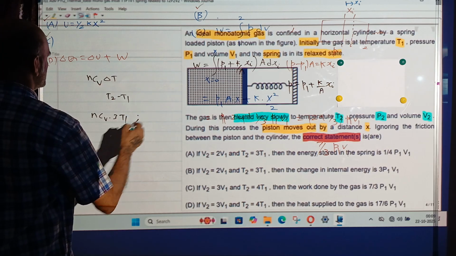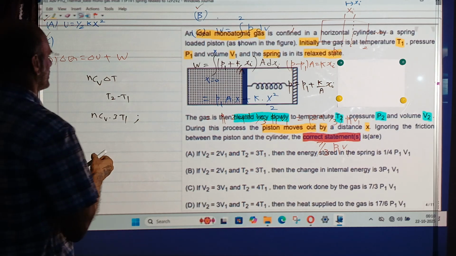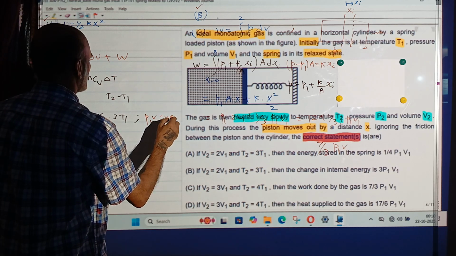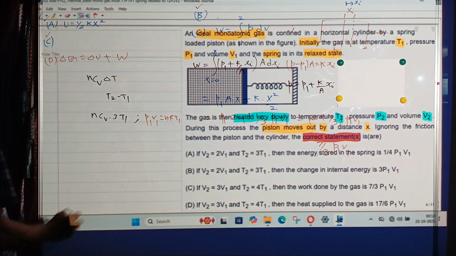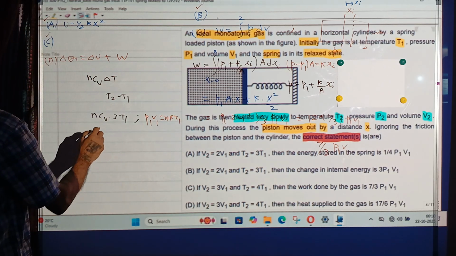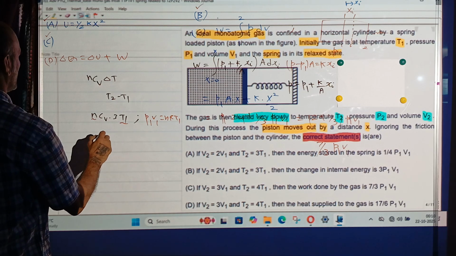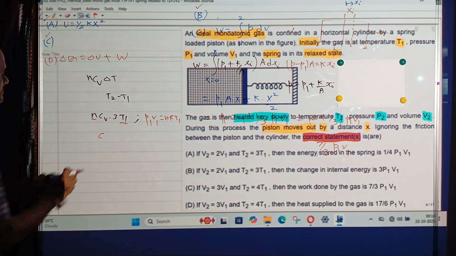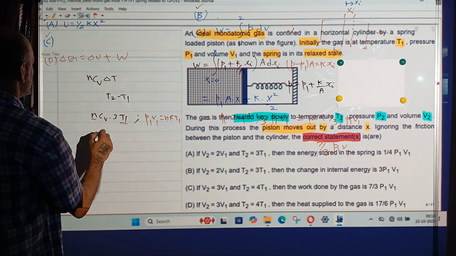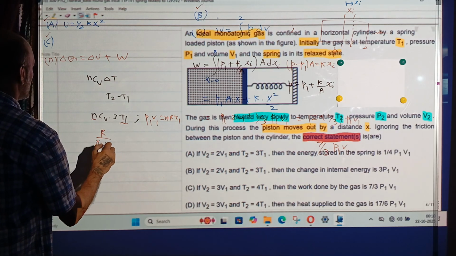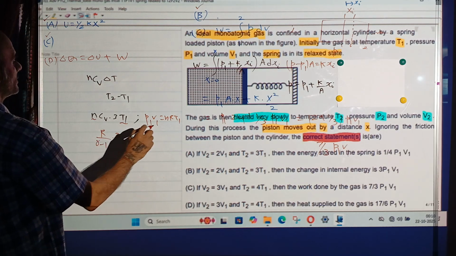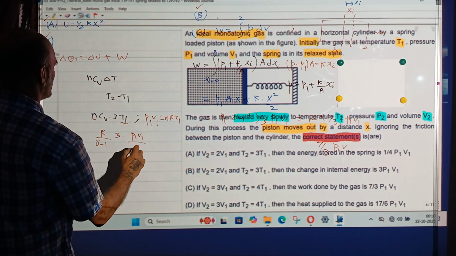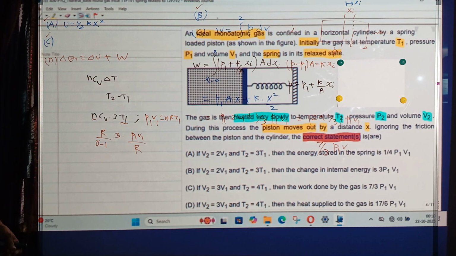And use the gas equation: P1 V1 equal to nRT1. So nT1, this nT1. Cv is R by gamma minus 1. So 3 nT1 is P1 V1 by R. So R will cancel.